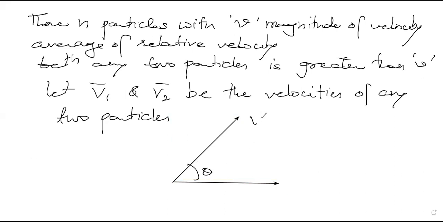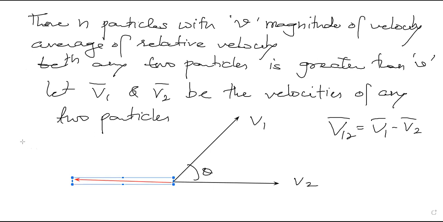So if this is v1 and that is v2, the relative velocity of 1 with respect to 2 will be given by v1 bar minus v2 bar. So we need to find v1 minus v2. I have to add v1 and minus v2, so minus v2 I can draw like this, to the left.